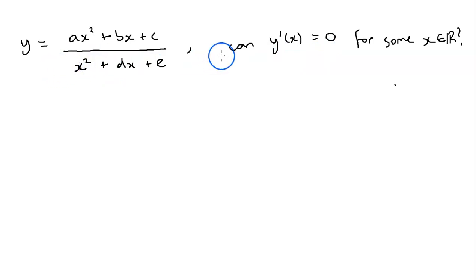By the way, or points of inflection. By the way, it doesn't matter whether there's a number here or not, because a, b, c, d, and e are just arbitrary real numbers. So we can divide the top and the bottom of this fraction by f and still have arbitrary real numbers here. So I'm just going to leave it in this form, because I think it makes the working a little bit easier. So yeah, something to have a play with, and we'll come back to that at the end.